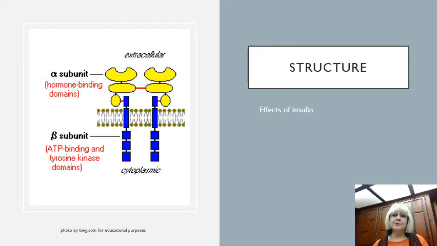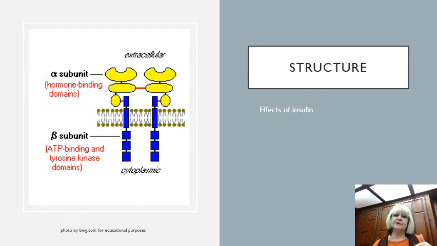Each monomer has a single hydrophobic transmembrane spanning domain composed of 25 to 38 amino acids, an extracellular N-terminal region and an intracellular C-terminal region.